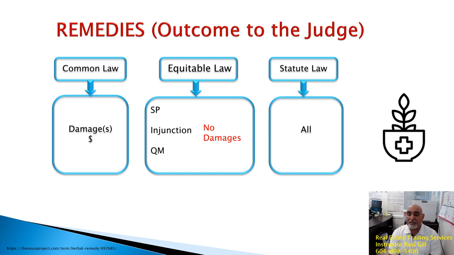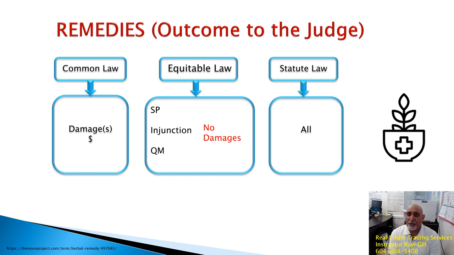The innocent party is asking for the guilty person not to do something, either stop the work or not intrude or not cut through his yard. The third one, quantum meruit, is where the judge decides how much money would be given from the guilty party to the innocent party for part of the work being done, or when they didn't mention how much money would be owing for a particular job.